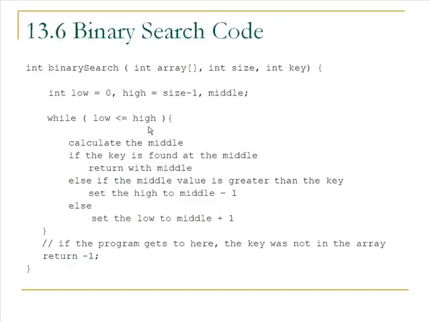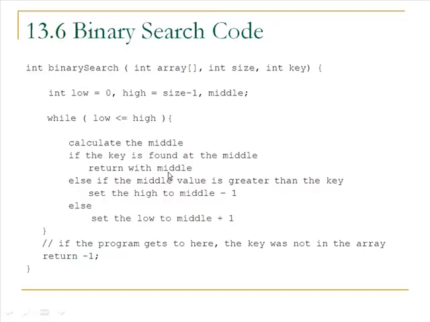When the search space closes up to have no elements in it at all, meaning that the low passes the high, then we can conclude that what we were looking for is not in the array. So, calculate the middle, determine if the key was found.